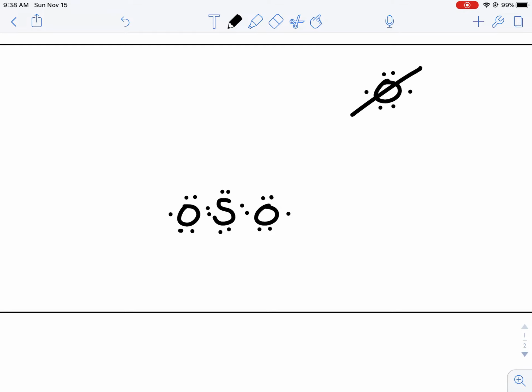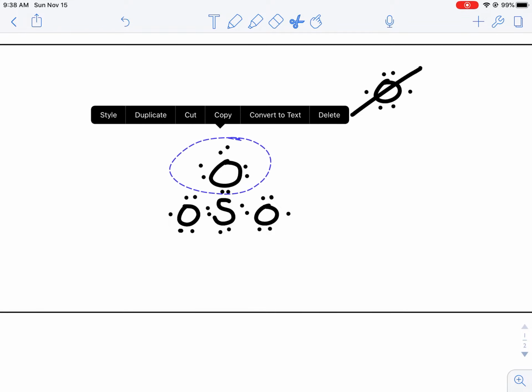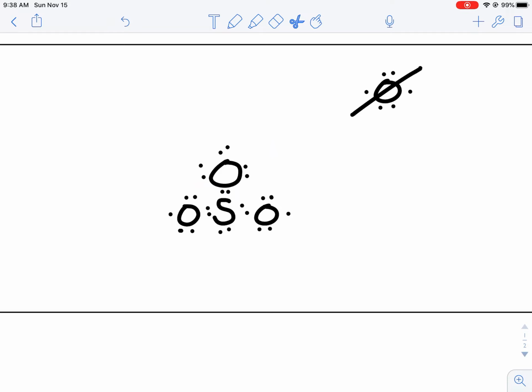If I were to rewrite this puzzle piece as this, I could now take it and attach it to where sulfur has some paired electrons. And now that oxygen atom has a full shell. The sulfur atom now has a full shell.